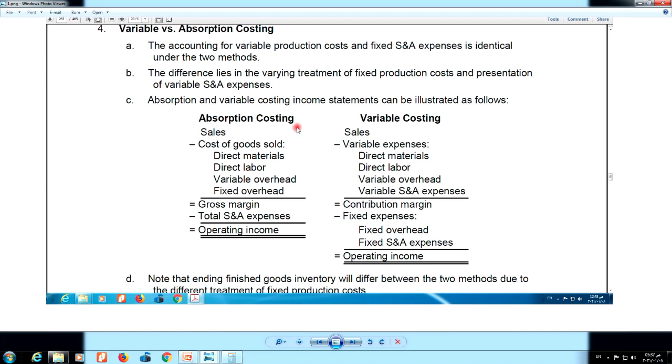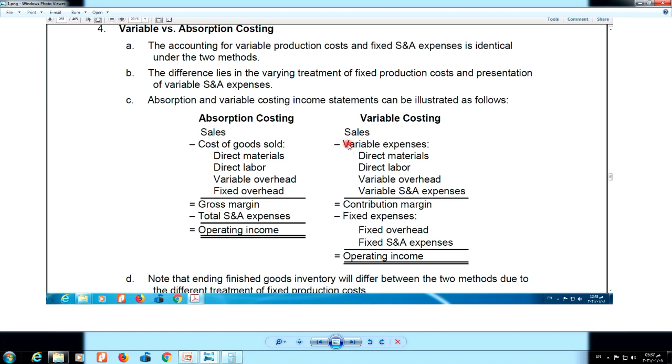Also, we can differentiate between gross margin and contribution margin. Under absorption costing, sales minus cost of goods sold, which consists of direct materials, direct labor, variable overhead and fixed overhead, equals gross margin.